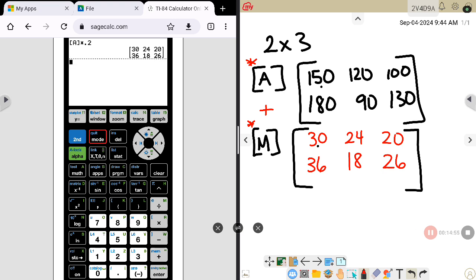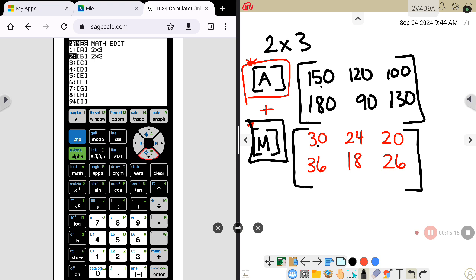So I need second matrix. So this one is going to be matrix A. That's what I have stored in there for matrix A right now. Now I want to add that to this matrix. So second matrix, that's the one that we have stored as matrix B in our calculator.